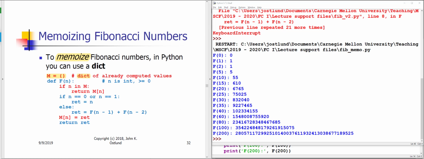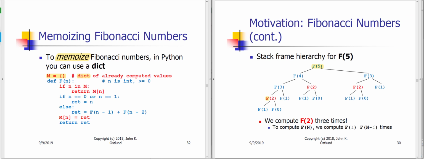And if we take a look back at our diagram on slide 30, we can visually see why this is. Recursion is going to march its way down the left side here first. So when we compute f of 5, the first thing that happens is we discover that that's not already memoized. So we compute f of 4, which is not memoized.